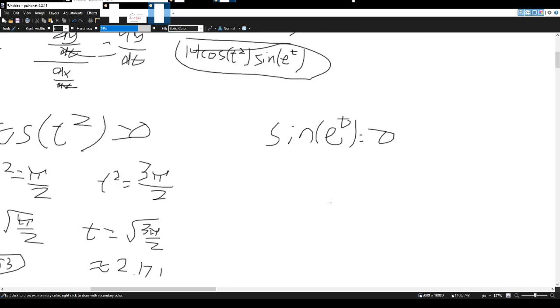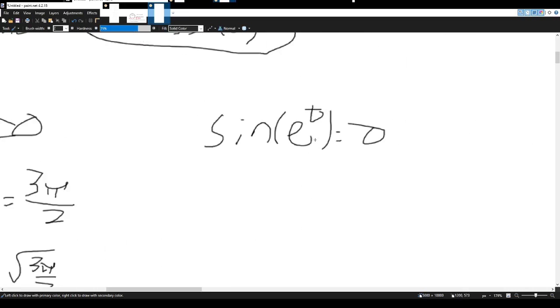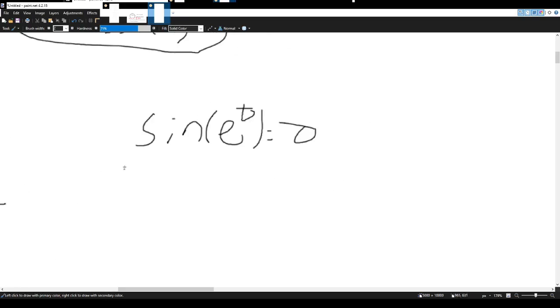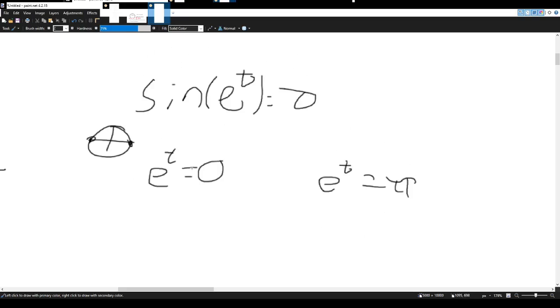Okay, any other values? Well, sine e to the t equals 0. On the unit circle, we want sine to be 0, so we're talking about either 0 or pi. So e to the t equals 0 and e to the t equals pi. The first does not work.